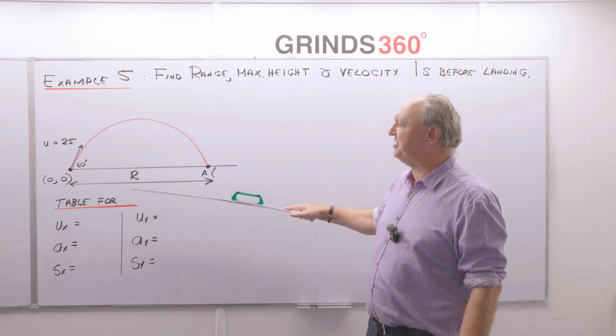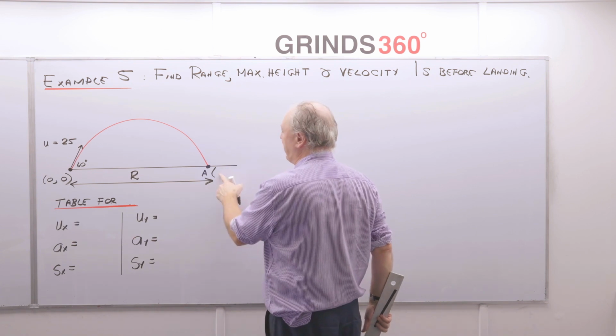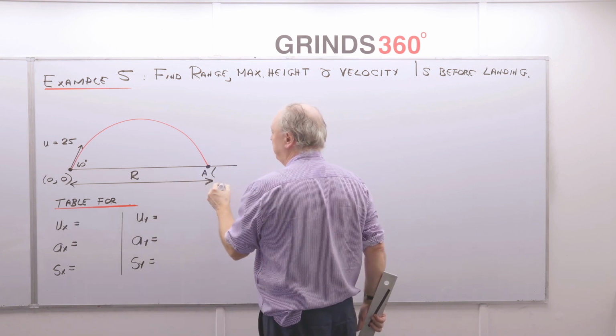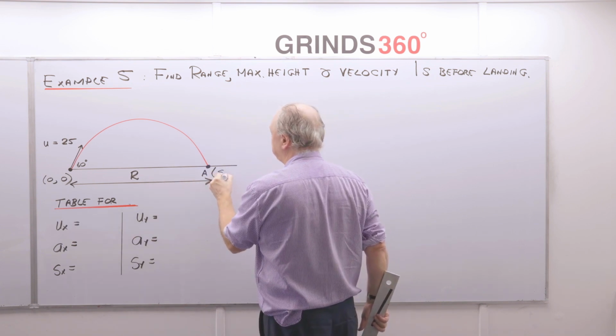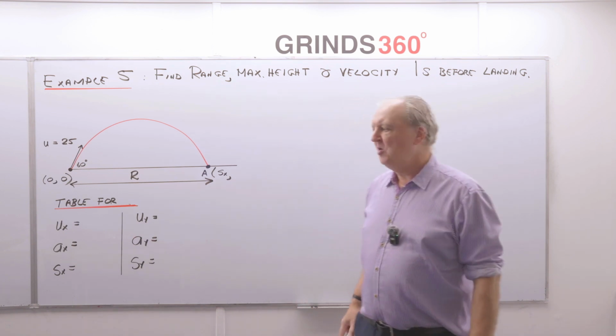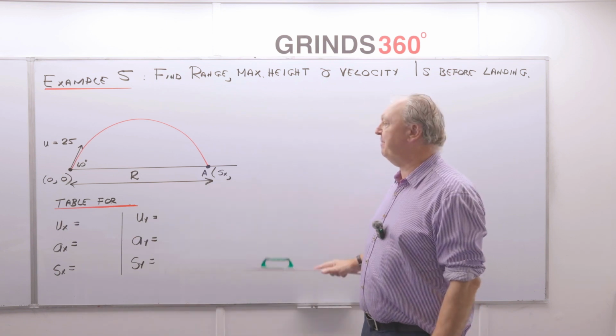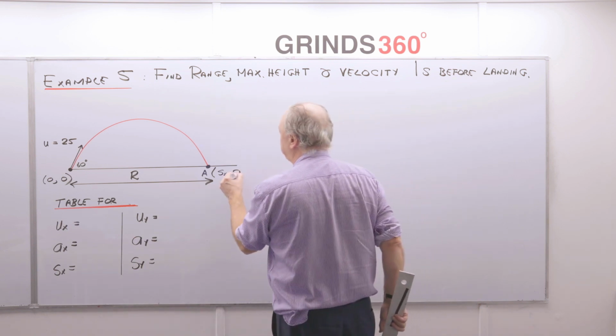Well, I went across a distance called the range, or Sx. It doesn't matter if you want to write down Sx there or R for range. Let me write down Sx. And what is the y coordinate? Well, if it lands at the same level from which it's launched, that means its y coordinate is 0.